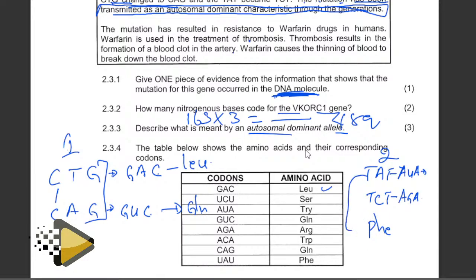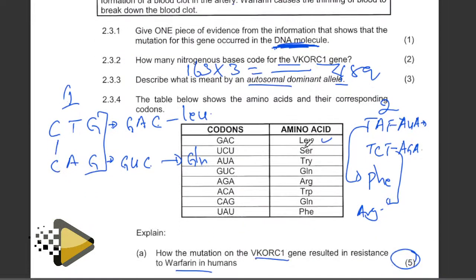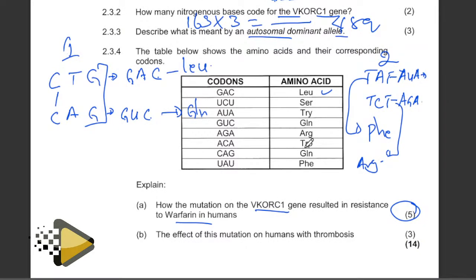And then this one, what does it indicate? AGA is arginine. Guys, these are just names. You don't need to know them by heart. Me, I'm saying them, arginine, what? Because we find this in biochem. These are the amino acids, the essential and non-essential amino acids. So as long as you write what they gave you.